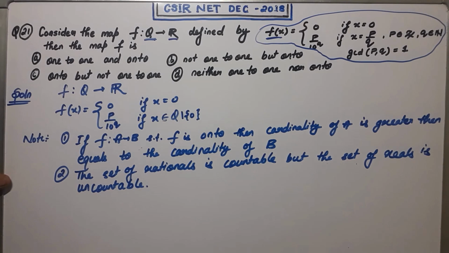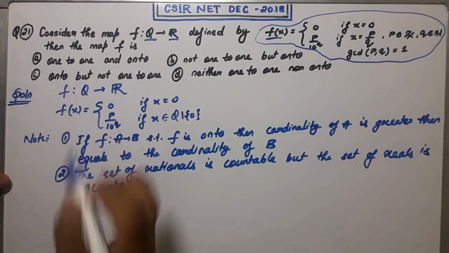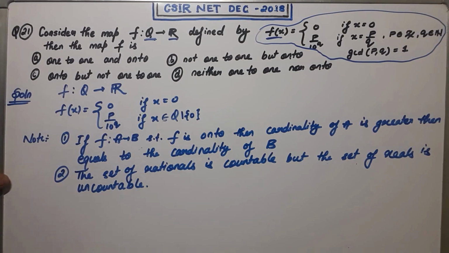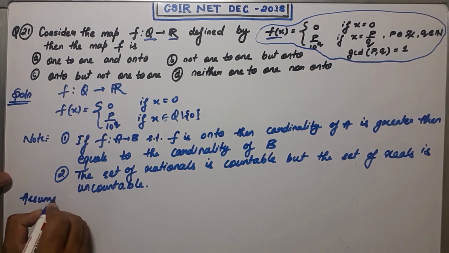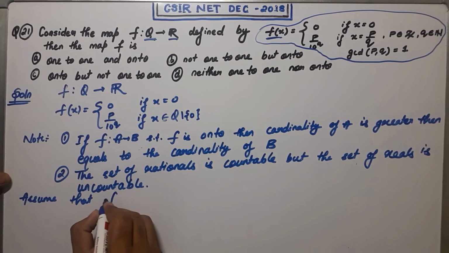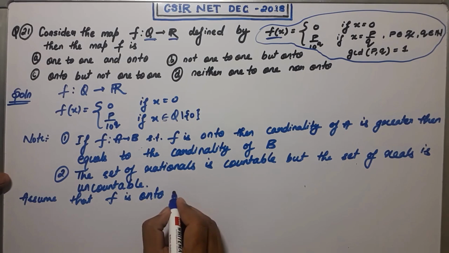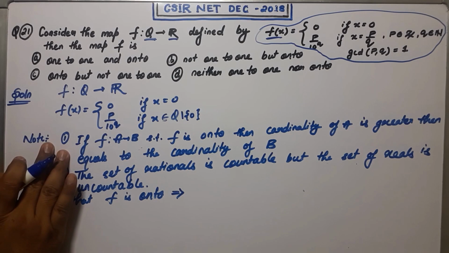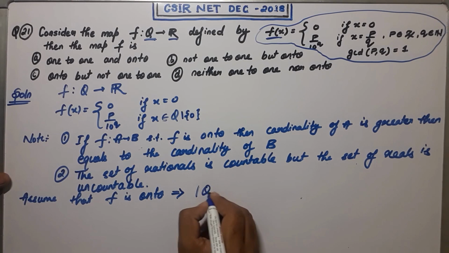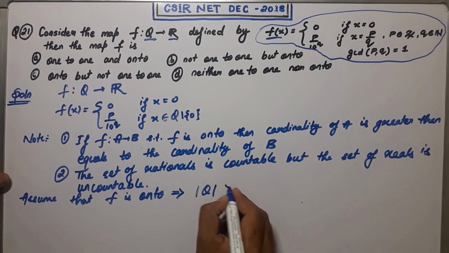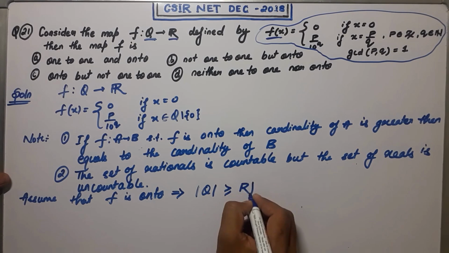Now you have to use just these two notes and you will get your answer. Okay, so what is given to us is that f is a function from Q to R. So firstly, assume that f is onto. Then it will directly imply from note number 1 that the cardinality of your domain, that is the rational numbers, is greater than or equal to the cardinality of R.